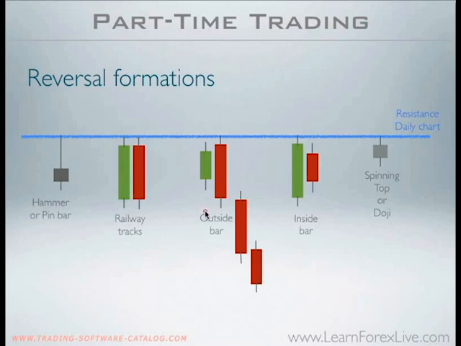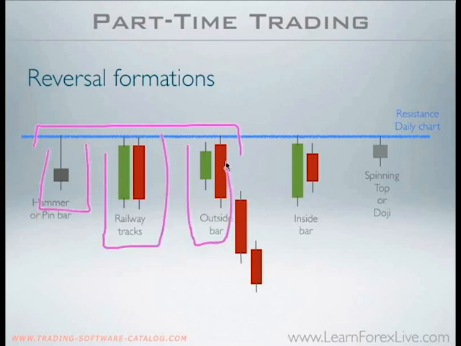In fact, I am pretty sure that if you trade 100 times either the pin bar or the railway tracks or the outside bar, after those 100 trades you will score a better win-loss ratio out of these setups than if you trade 100 times either the inside bar or the spinning top or doji.